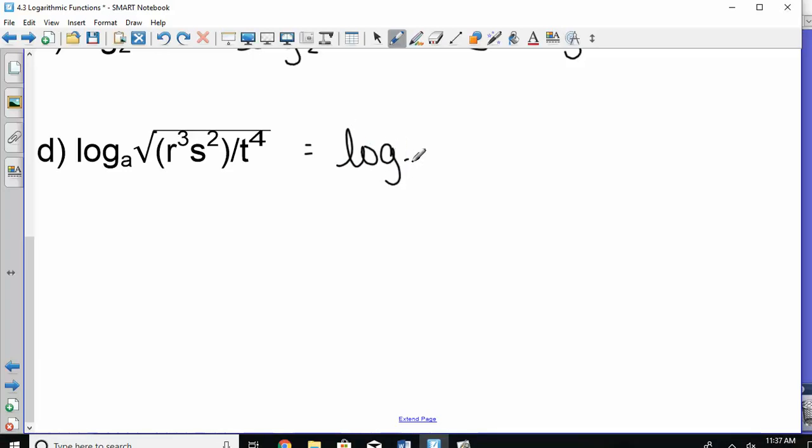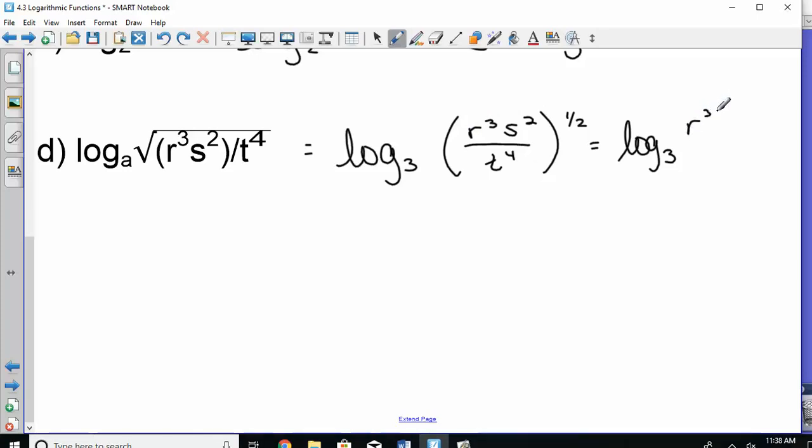So what this means is log base A. I'm going to show the steps on how he got there. A square root is like what power? 1/2. So then if you distribute that 1/2 through, by properties of exponents, you would multiply. So it's r to the 3/2. 2 times 1/2 is 1. 4 times 1/2 is 2.